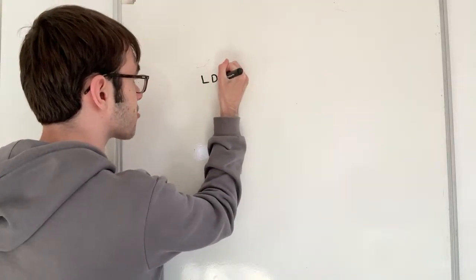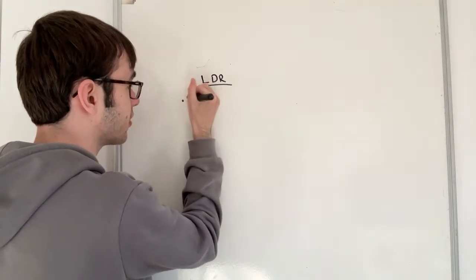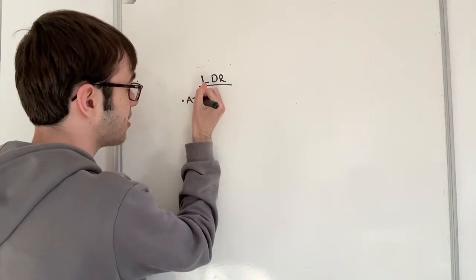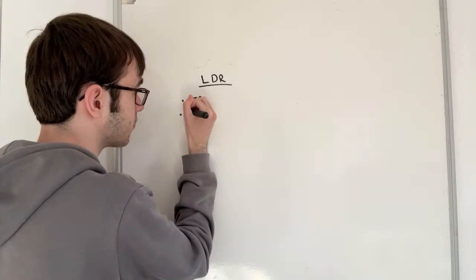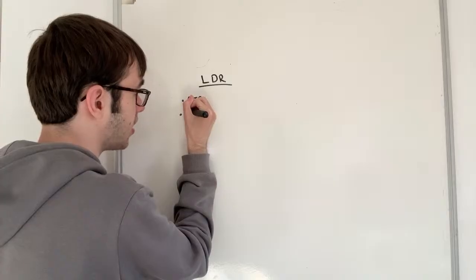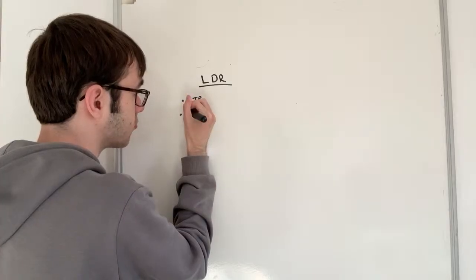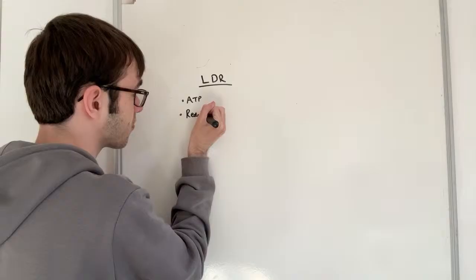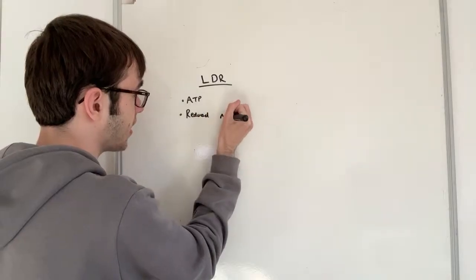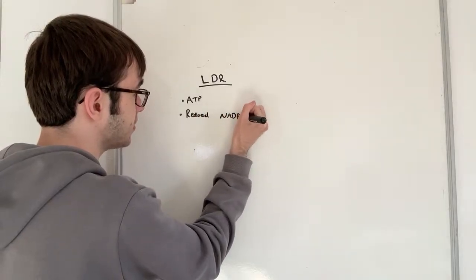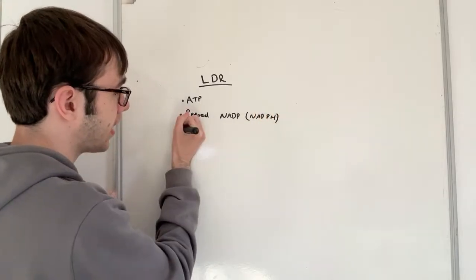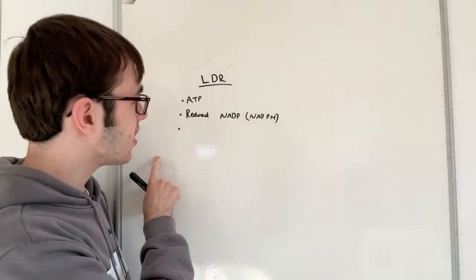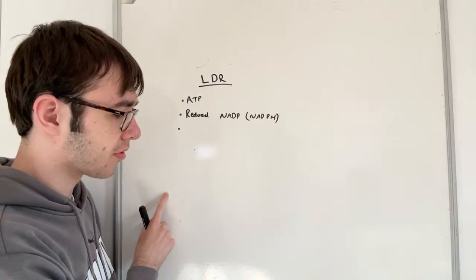It's the product of LDR. The product of LDR is ATP. Products are reduced NADP, or NADPH. And what's the other product?